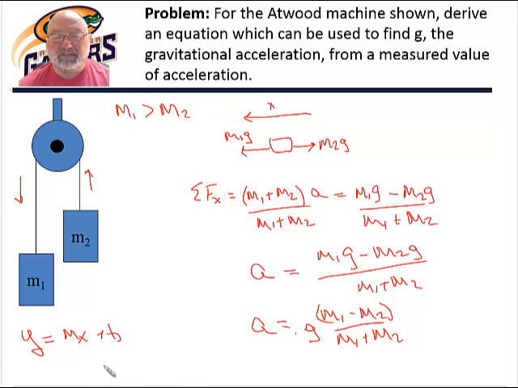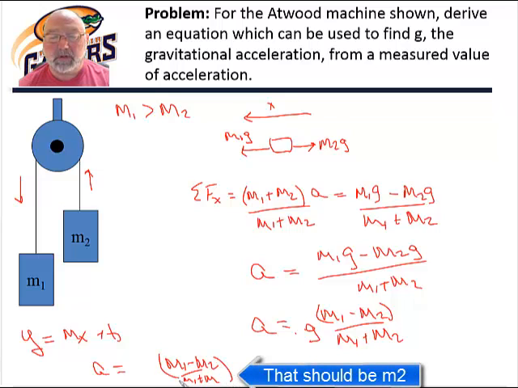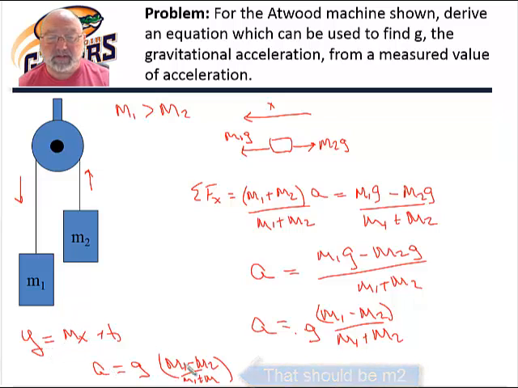So if I make my y value the acceleration and my x variable m1 minus m2 over m1 plus m2, and multiply that by g, that would lead me to believe that the slope of this line, if we were to graph this line, would be g.